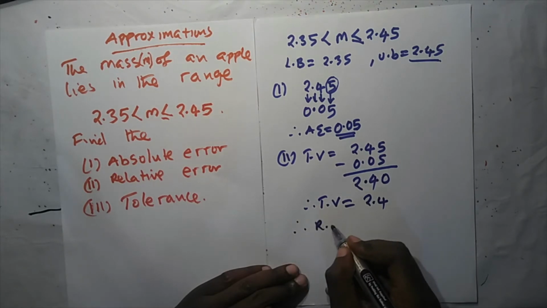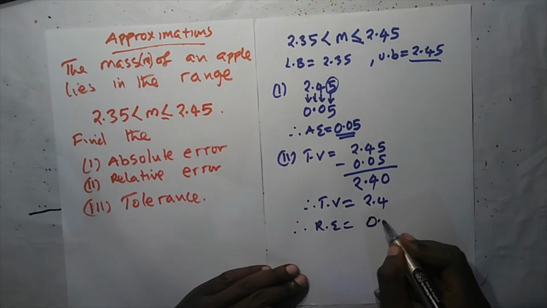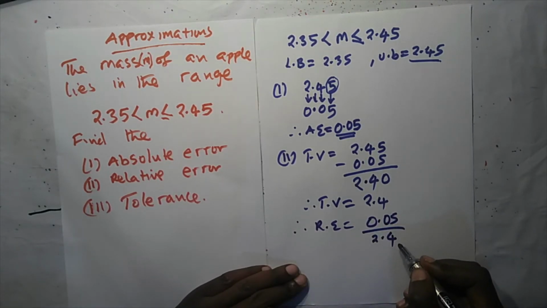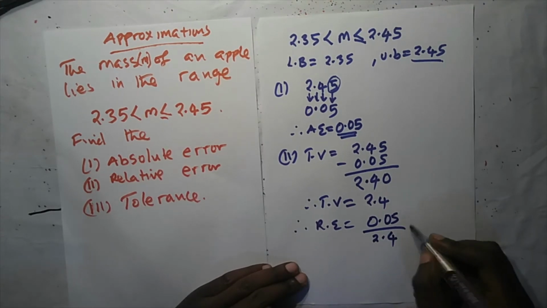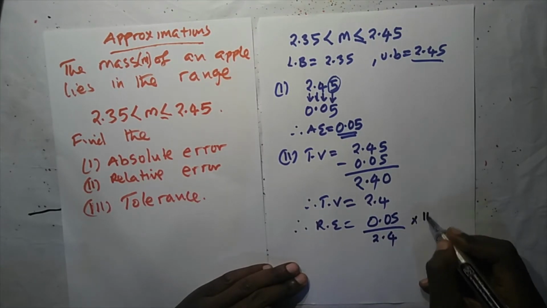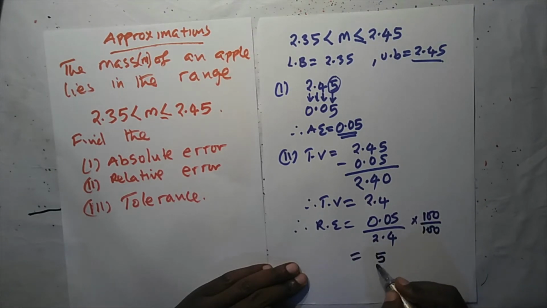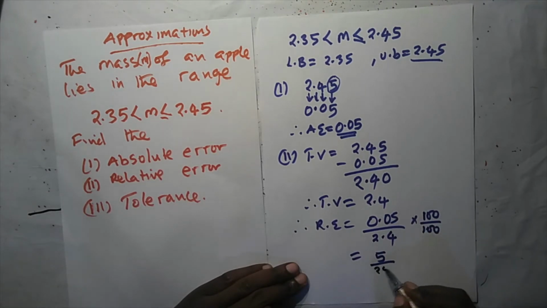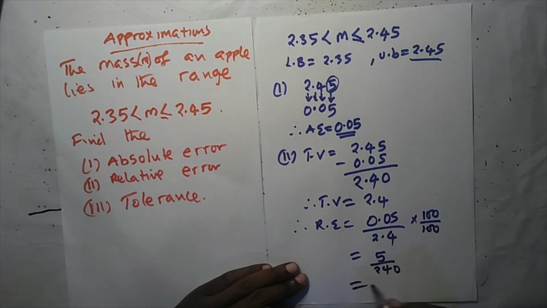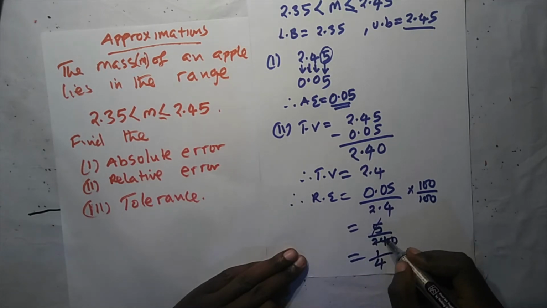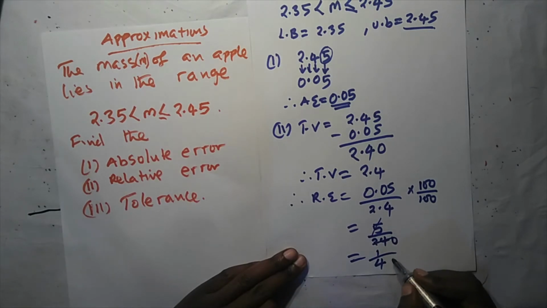Now the question says find the relative error. The relative error will be found by dividing the absolute error, which is 0.05, over the true value, which is 2.4. We can simplify here by multiplying the top by 100, because it has 2 decimal places, and the bottom by 100 as well. And so we are going to have 5 over 240. When we simplify, 5 into 5 is 1, 5 into 24, we have 4, remainder 4. 5 into 40, we have 8.